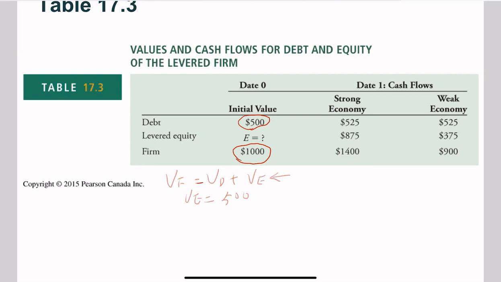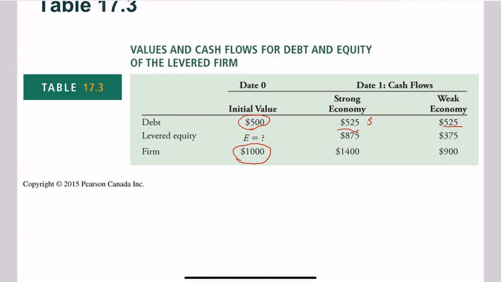You could also find out what kind of cash flows debt holders and equity holders can get. You can see that no matter whether the economy is good or bad, debt holders will always get $525.